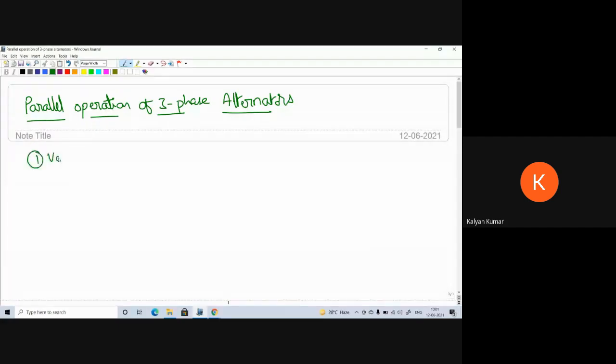First condition is voltage equality. Second one is frequency equality. Third condition is phasing out condition.